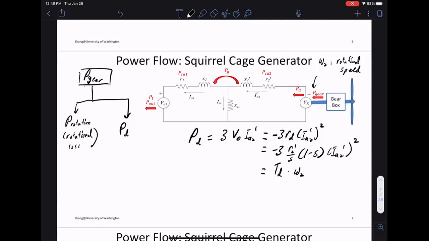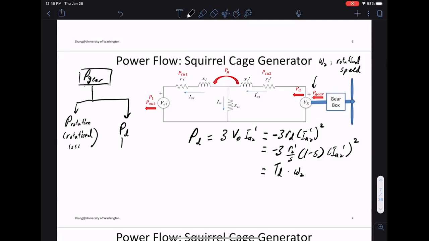Power is torque times rotational speed. If we know developed power, we can divide by the rotational speed to figure out developed torque. Vice versa, if we know developed torque and the rotational speed, we can figure out what the developed power is. Okay, so this is an important relationship to know.